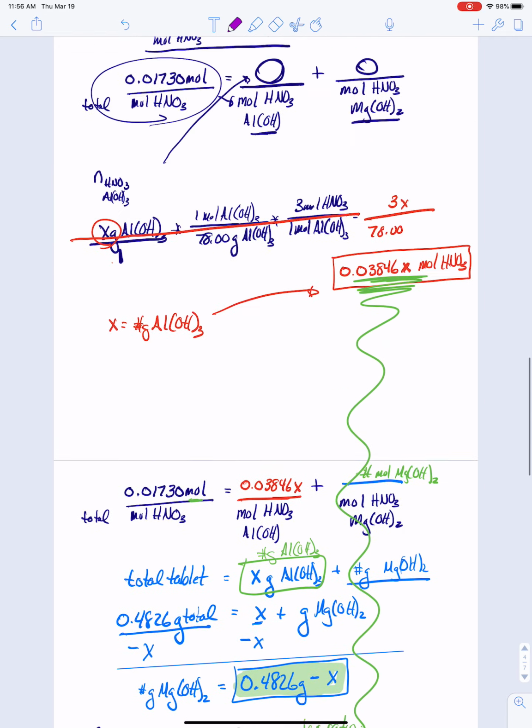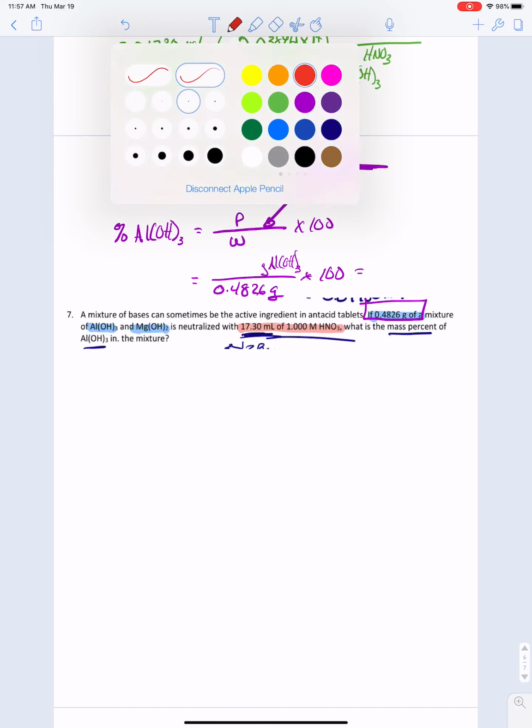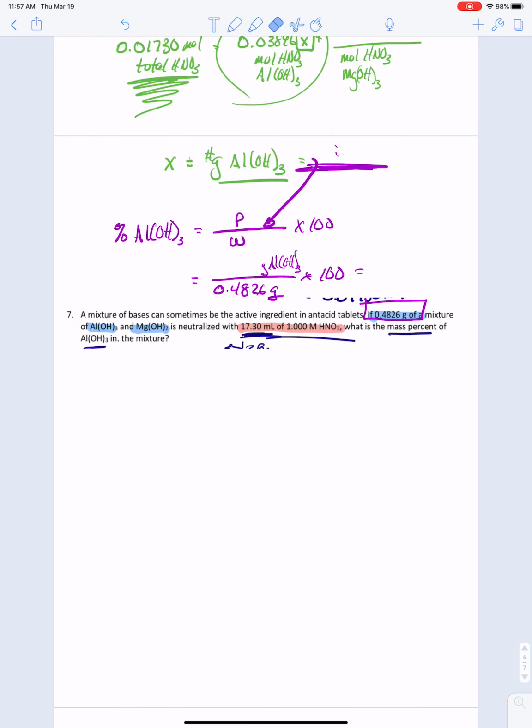Now, when I worked this one out, I rounded my answer to 2 significant figures. Well, let me give you a part of this, because if I give you the answer, you can work it backwards. But the answer that I came up with for this X, if you do everything correctly, should be 0.18 grams of aluminum hydroxide.